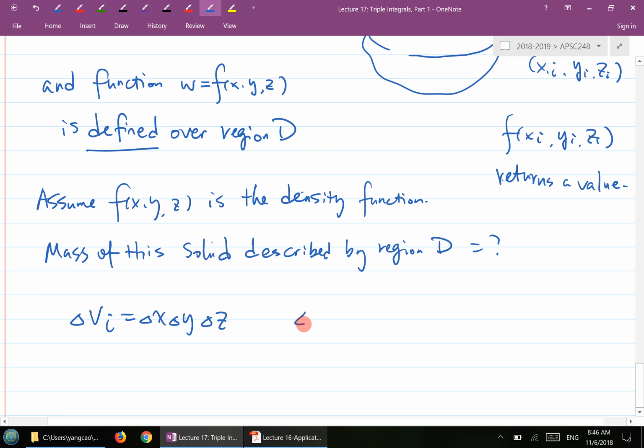The small mass associated with that cube is the density at that location times the small volume delta V_i. Considering it's a small cube, you treat the density as constant within that cube, so you get a small mass.